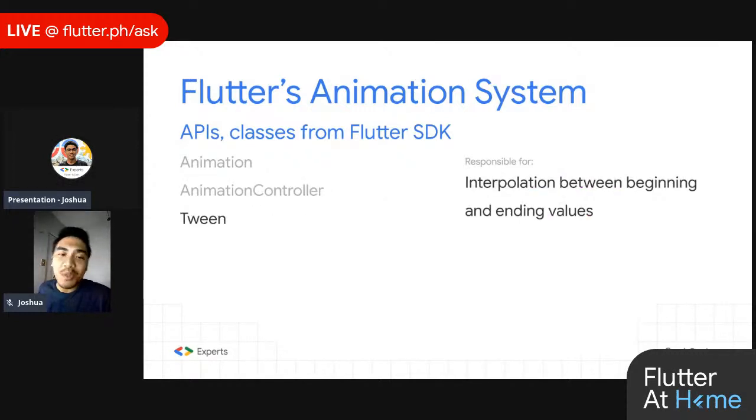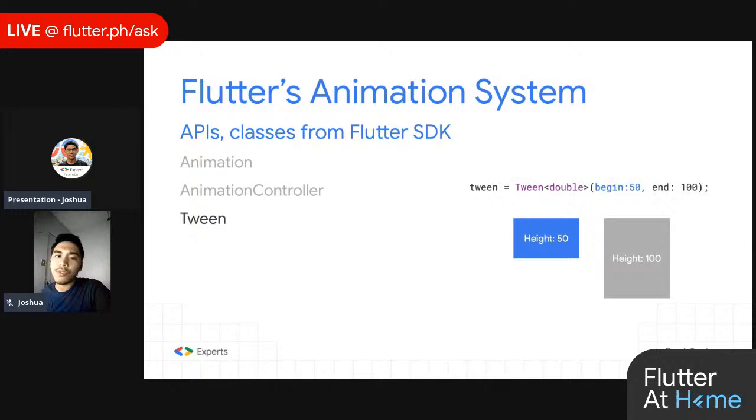Next is the tween. As mentioned earlier, the tween is responsible for interpolating the values from 0 to 1, and these are generic type values. These can be int, double, colors, and any values you can think of that can be used to animate an object in Flutter. This is just pseudocode of how a tween actually works, or is instantiated.